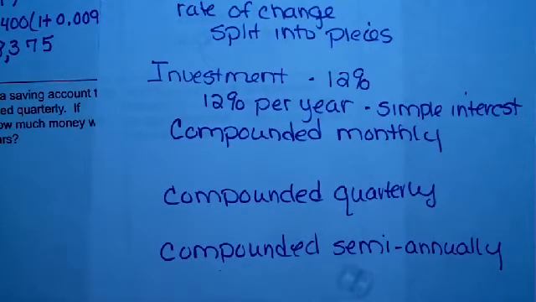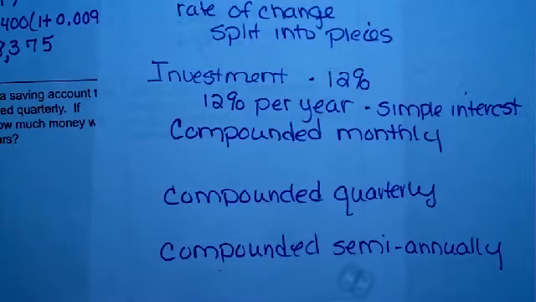Well, compounded monthly means at the end of every month in that year, they're going to stop and they're going to pay you interest. Now, here's the catch.